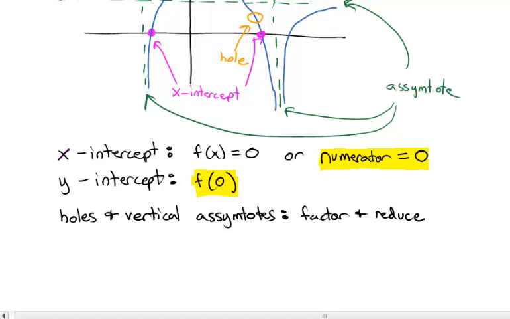The factor that divides out, the part that reduces, makes a hole in the graph.